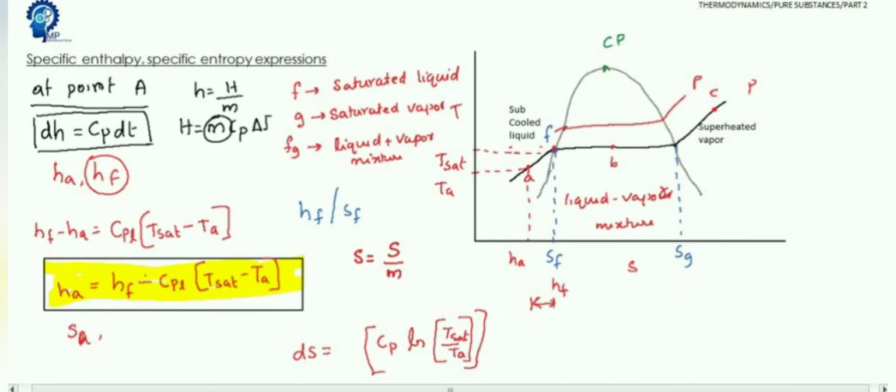We have SF and SA, so SF minus SA equals Cp log Tsat by Ta.